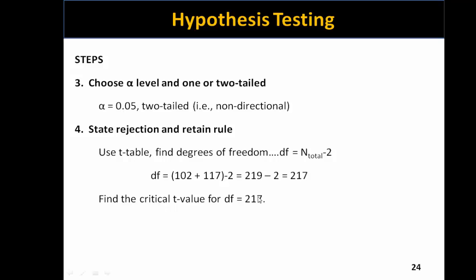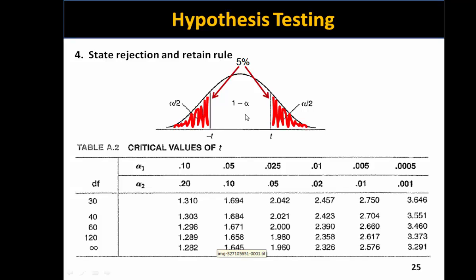And so with this value in hand, we can now go to the t-table and find the critical t-value, understanding that we also have to bring with us the alpha level of 0.05 and the fact that it is a two-tailed test. And what we see here with a two-tailed test, the alpha 2 symbol indicates that the 5% risk of committing a type 1 error is equally split between the low end, or the negative end, and the positive end.